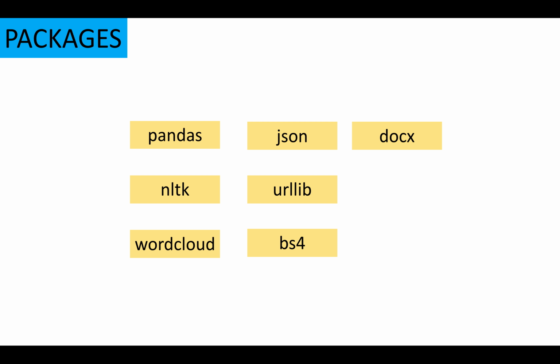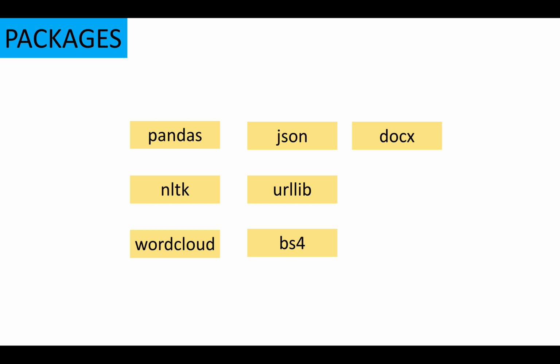Now these are the packages we're using. We're using pandas because we're reading from a comma separated file and writing back to an Excel file. We're using JSON because we're connecting to external services. We're using docx, which allows us to create a Word document file and store the outcome of our analysis in the Word document file.